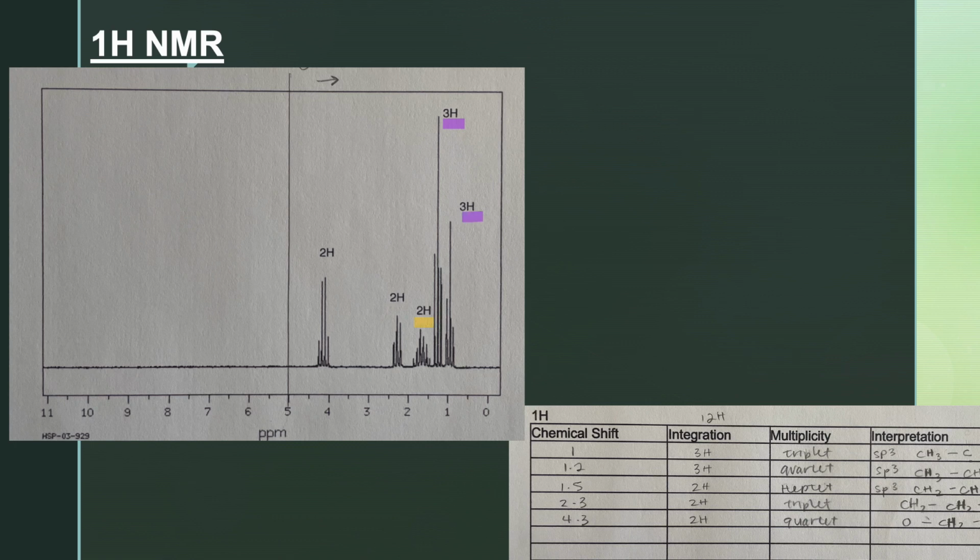And this is going to relate to the number of protons, as it's called, when you're looking at 1H NMR, or the number of hydrogens present. Like I said, the multiplicity is kind of hard to really count out in here, but from these different chemical shifts and our integration numbers, we can come up with some interpretations here, which you'll see in the chart, which will also coordinate with a possible structure that we come up with at the end.